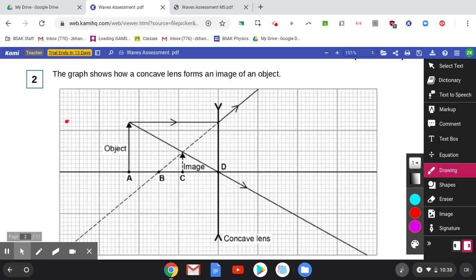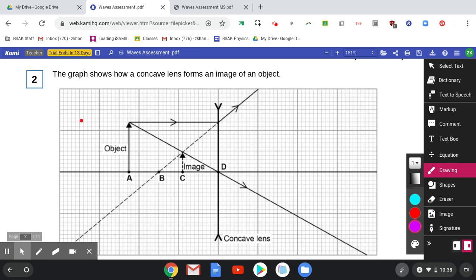If this object was placed here, the parallel ray will still follow that same path and bend outwards, and this dotted line will still stay in the same place. However, when this object is placed, let's say here, this line will come and cross the center point at a shallower angle.